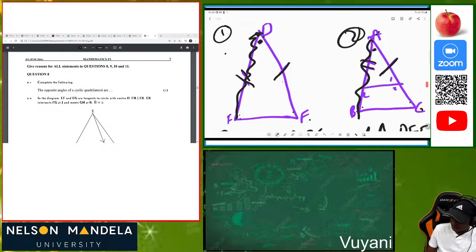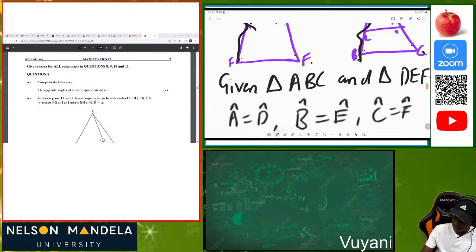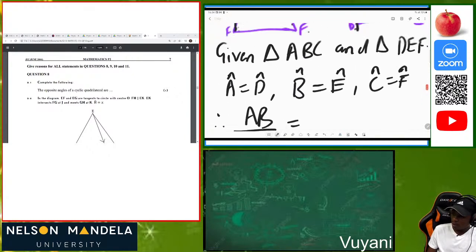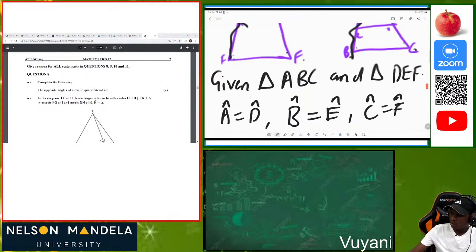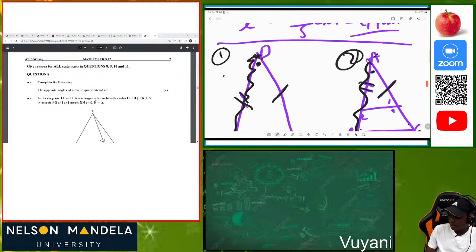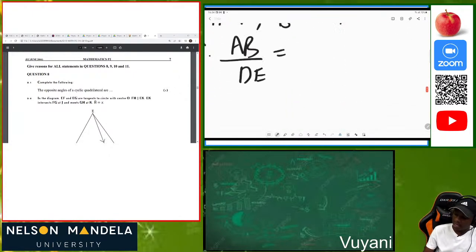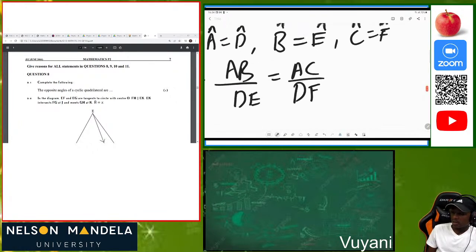So AB over DE is also equal to AC over DF. AC and DF are corresponding to each other, so they are in proportion with each other.